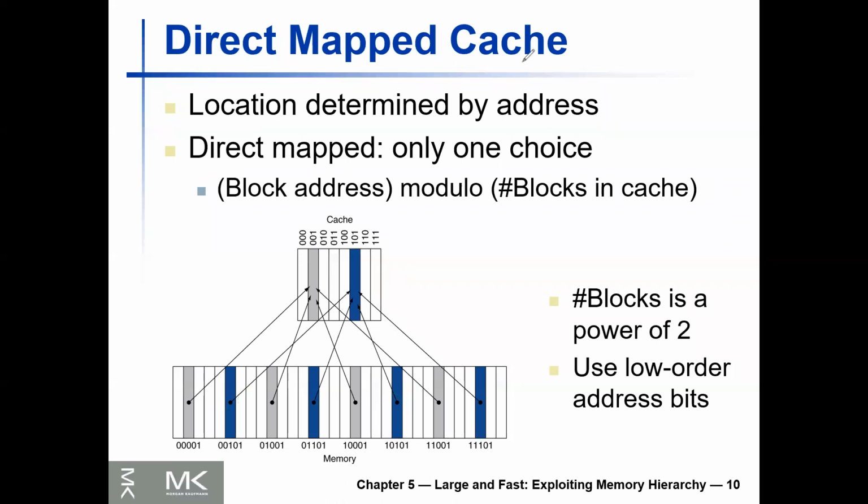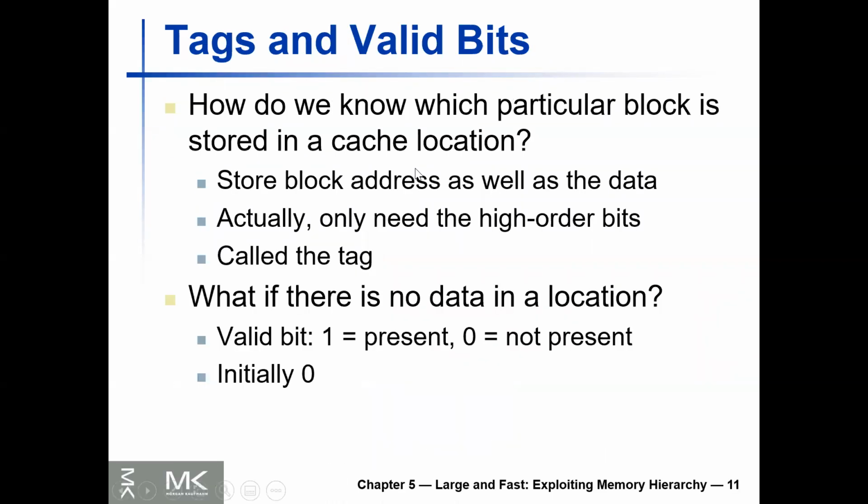Now, one more example here, the tag field. It's more about the tag field, though I already explained. How do we know which particular block is stored in the cache location? So you store the block address as well as the data. But why should we store the complete address?